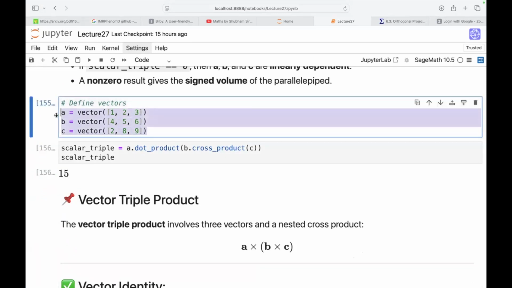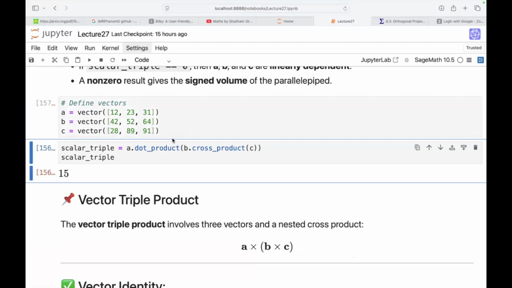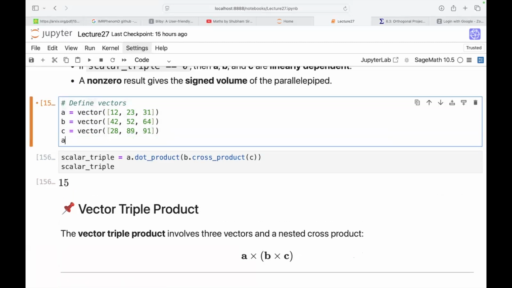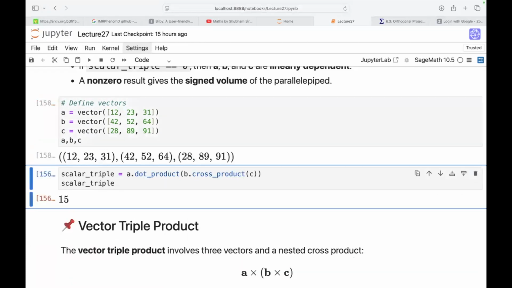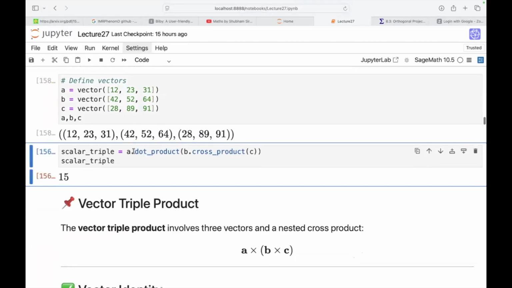And also change the values to 1, 2, 2, 3, 3, 1, 4, 2, 5, 2, 6, 4, 2, 0, 2, 9, 9, 1. That's what we have defined, such as A, B, C. The scalar triple product is the A dot product of B cross product C, as defined.